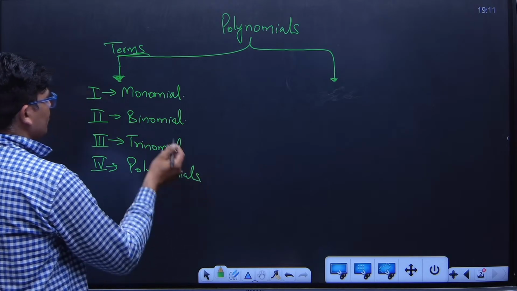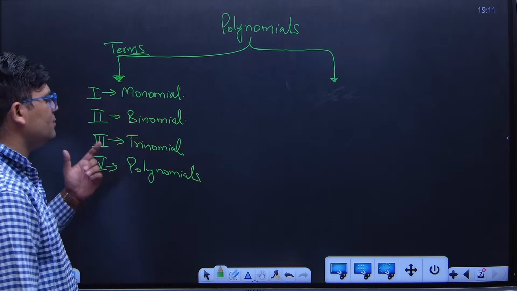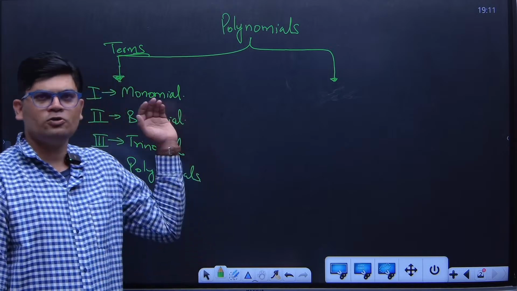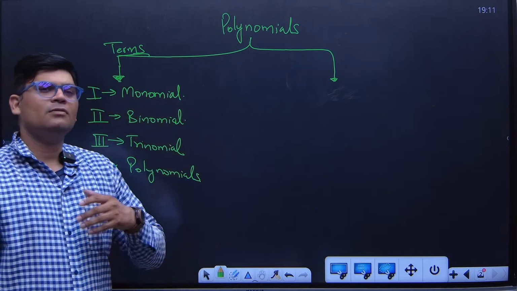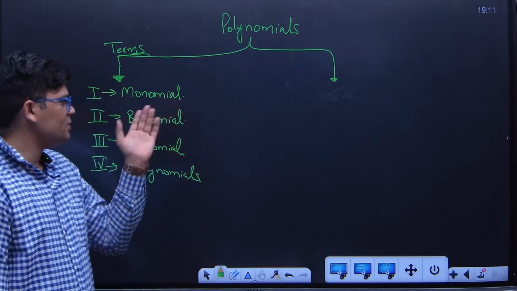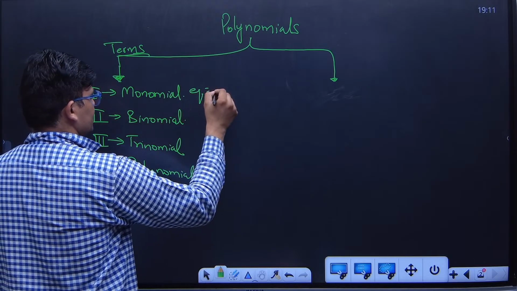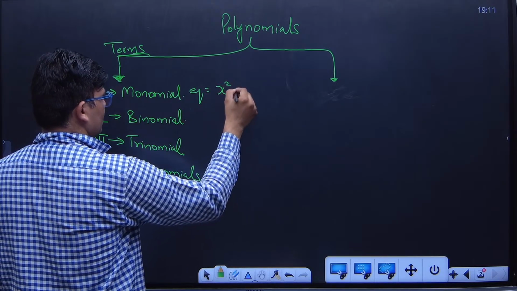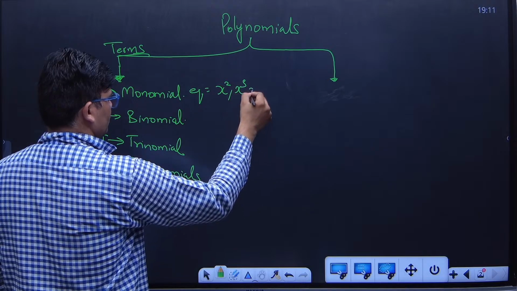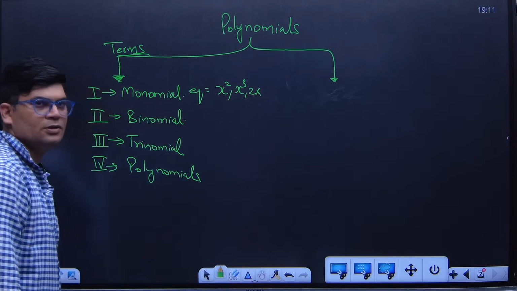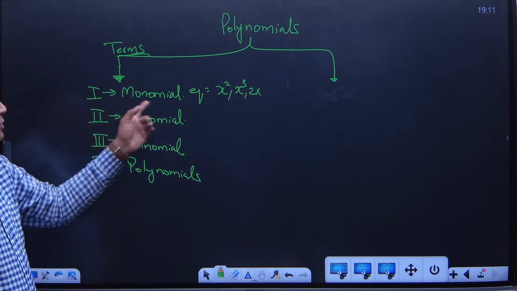In fact, the expressions having one term, two terms, or three terms are also polynomials, but specifically they can be called monomial and so on. I can write examples of these. The examples are x square, x cube, 2x. This is monomial.